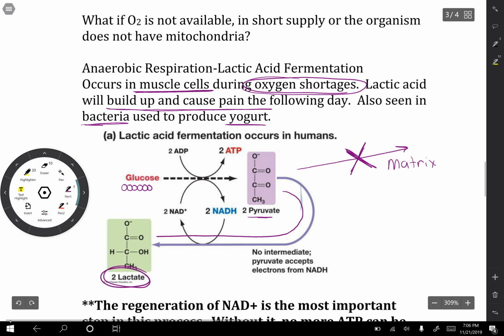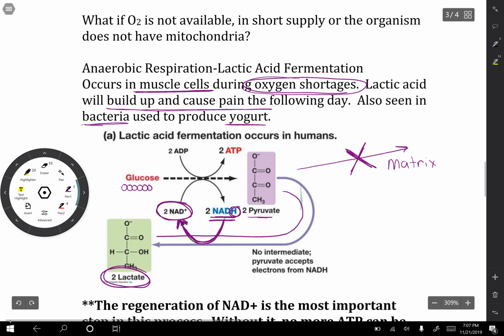Well, to do that, this is the key. The NADHs that you produce that would have normally gone into the Krebs cycle are going to stay back in the cytoplasm. And what's going to happen is you're going to do a little reduction right there. You're going to take the H off, and you're going to form two NAD plus molecules.